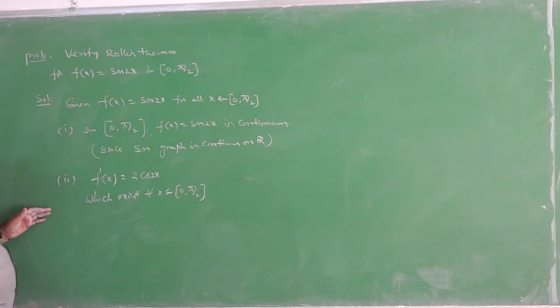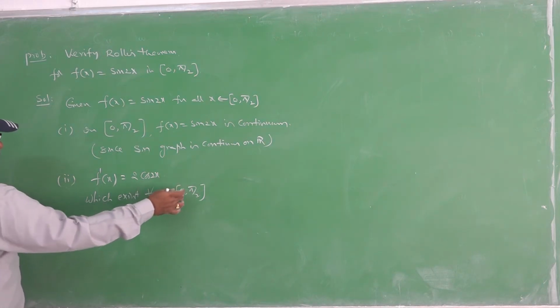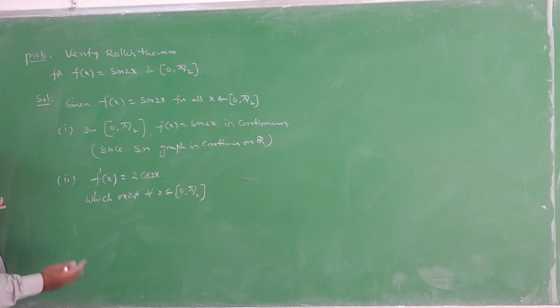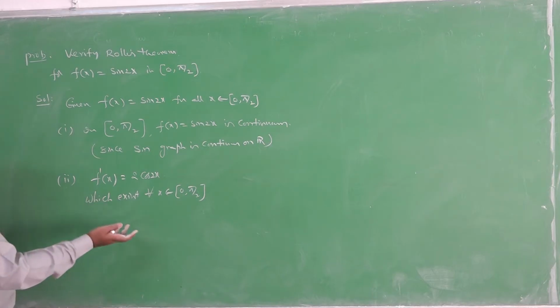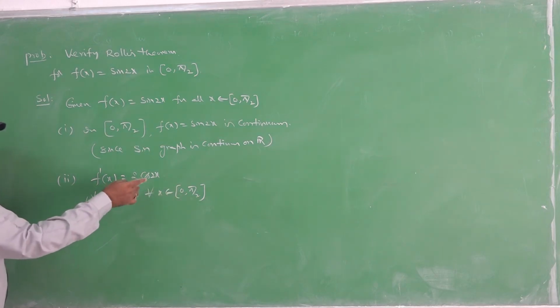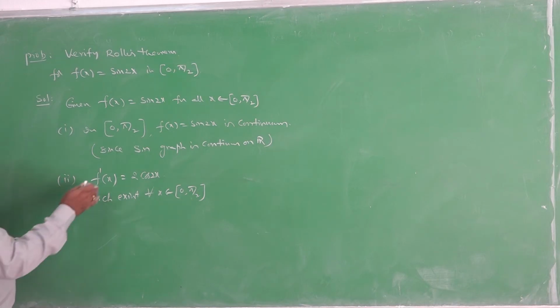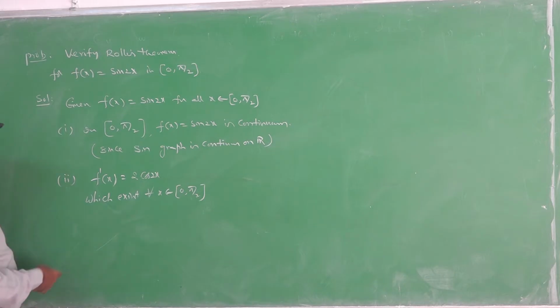In the closed interval itself, it exists for every value x that lies between 0 and pi/2, whatever value you consider in the first quadrant. f dash x takes a finite value, which means it exists. At x equal to 0, it takes 2. At x equal to pi/2, it takes cos pi, minus 2. It varies between minus 2 and plus 2. So it takes finite values whenever x lies between 0 and pi/2.